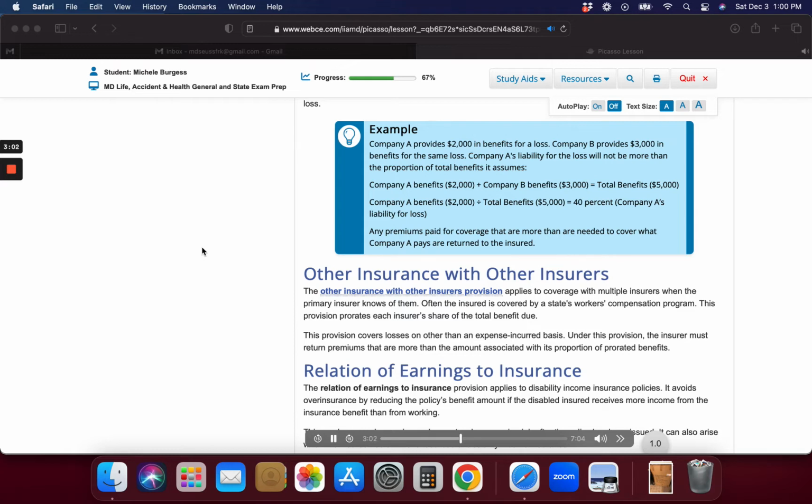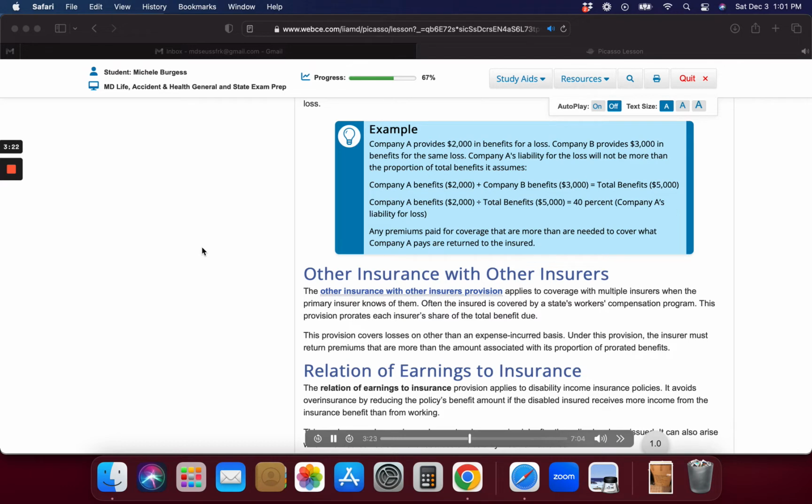Company A benefits, $2,000, divided by total benefits, $5,000, equals 40%, Company A's liability for loss. Any premiums paid for coverage that are more than are needed to cover what Company A pays are returned to the insured.